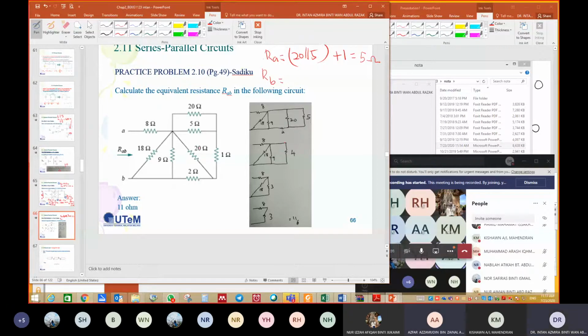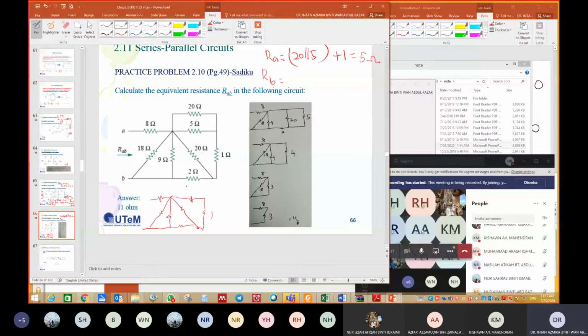Oh, okay. Now if we redraw, this is A and then 18, and then we have 9 here and we have 2 here, and 20 is here. After we parallel this 20 and 5, it is here, and this is 1.